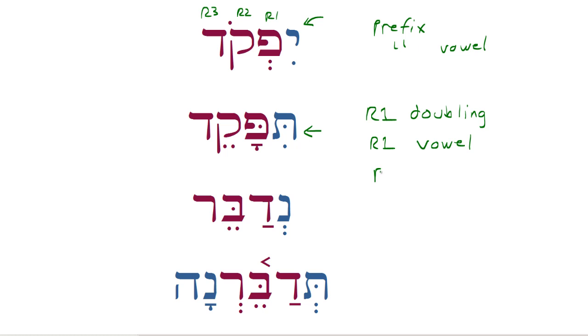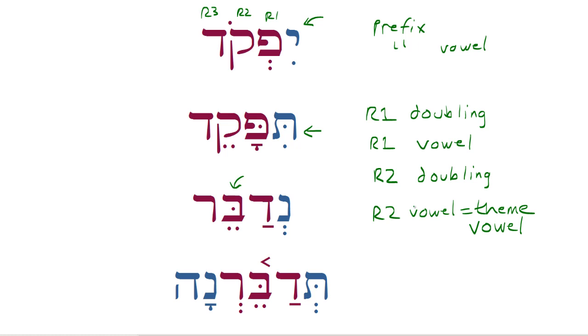Next we'll look at the R2 and any possible doubling of the R2 letter. And so here we see, in this case, the R2 letter is doubled. Following that, we will look at the R2 vowel, and this is a particular type of vowel that we call a theme vowel, and we will have opportunity to talk about theme vowels a lot in the coming weeks and months.